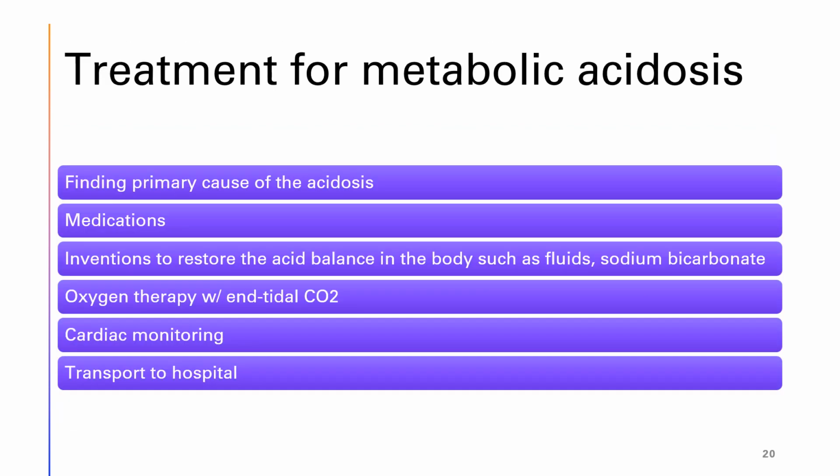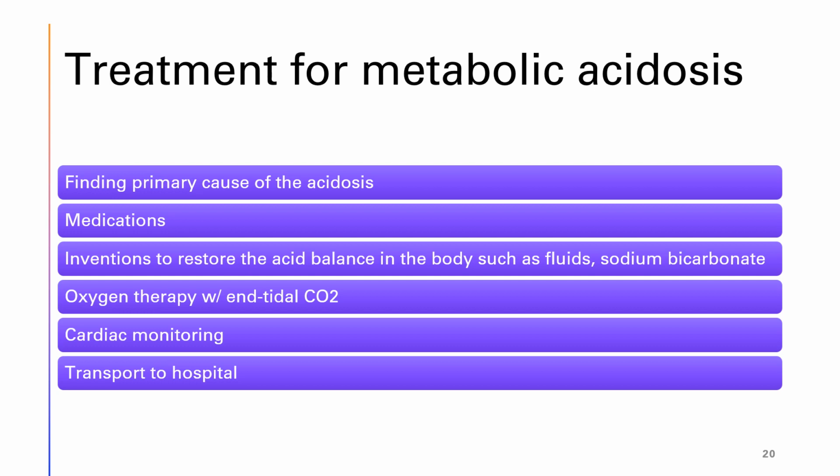The treatment for metabolic acidosis is, first off, again, you need to figure out the underlying cause of this problem. It could be certain medications that they've taken. You need to try to do interventions to restore the acid-base balance, such as giving them fluids or administering sodium bicarb.